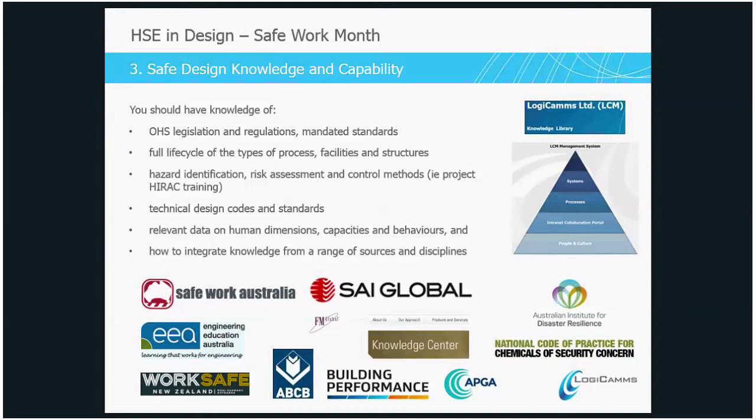Have understanding of the technical design codes and standards that apply to that design. Understanding of the relevant data on human dimensions, capacities and behaviours, so that we're not installing, say, a valve in a pipeline that makes it very difficult for an operator to get to from an ergonomics point of view. And how to integrate the knowledge from a range of sources and disciplines.